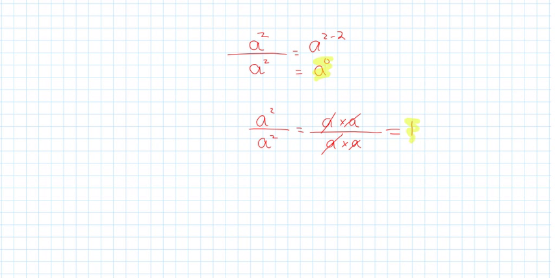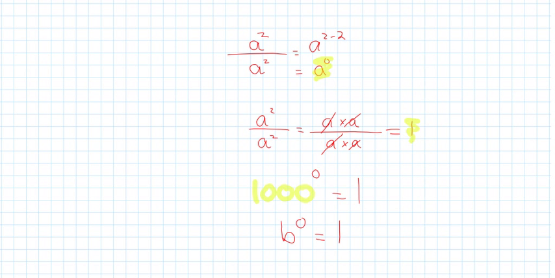If you have 1,000 to the power of 0, that's 1. Even a letter, b to the power of 0, is 1. Anything to the power of 0 is 1.